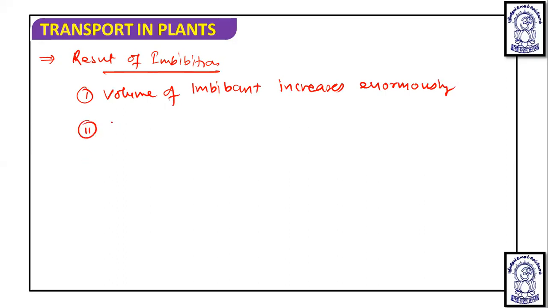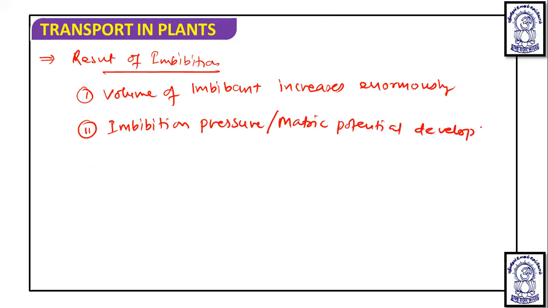Second, imbibition pressure, which is also known as matric potential, develops.